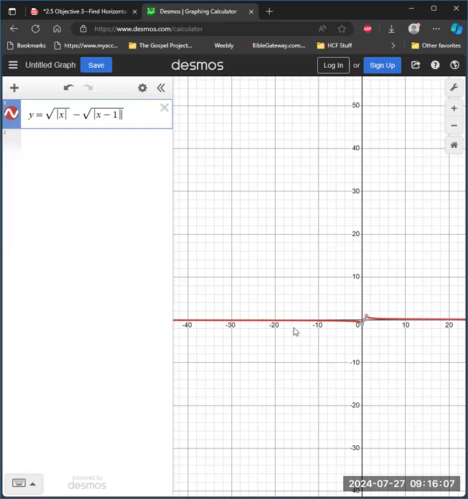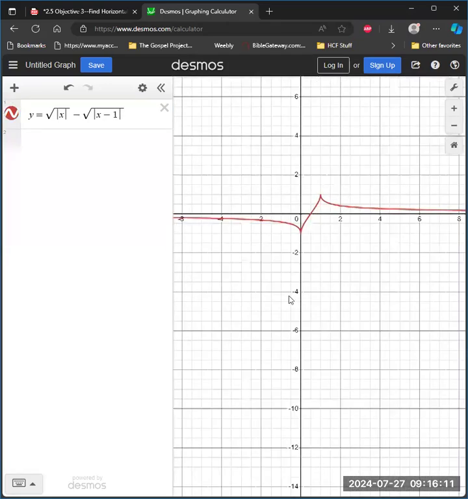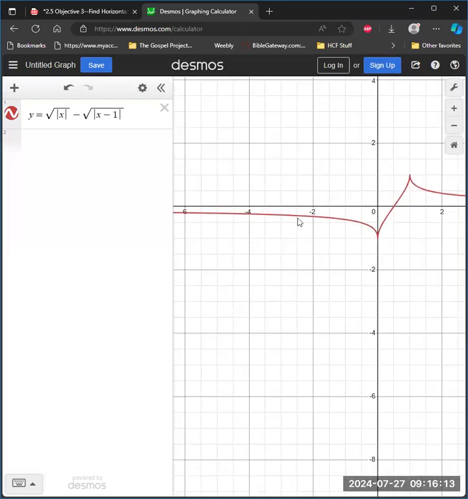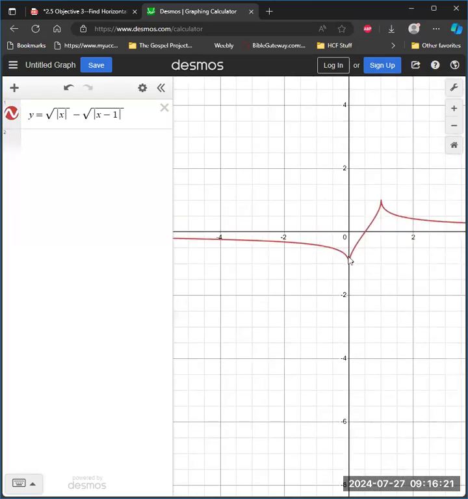Like that. We're going to zoom in so you can see what's going on here. I'm getting close to 0 from both the top and the bottom. I have these cusps here, but I don't have any holes.